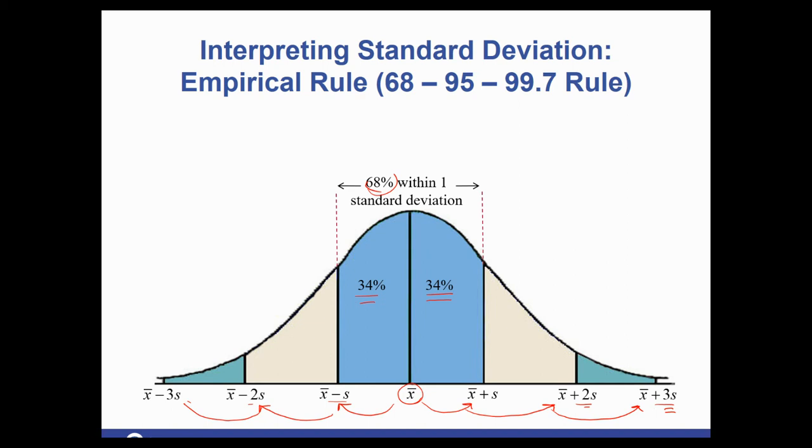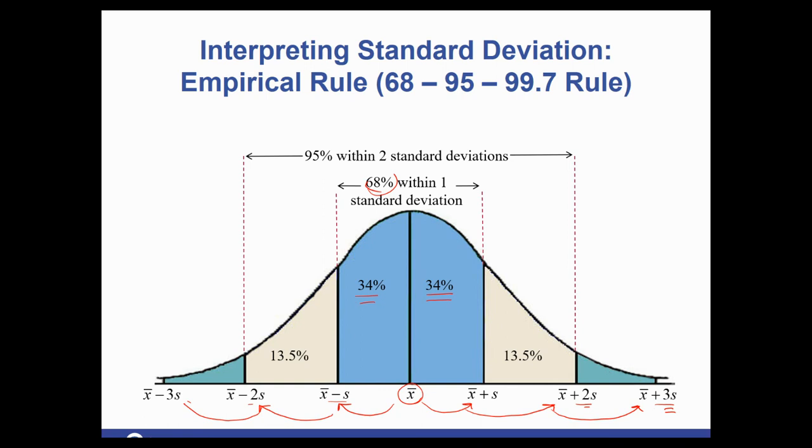Keep in mind this is symmetrical, so we can cut it directly in half to get these smaller components of our normal curve. If we go out 2 standard deviations, then both the blue and the tan, all 4 of these sections add up to the number 95.